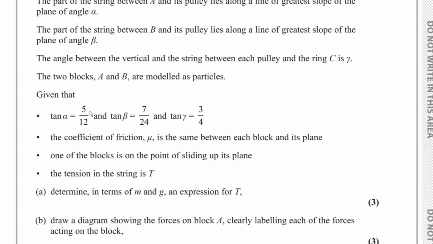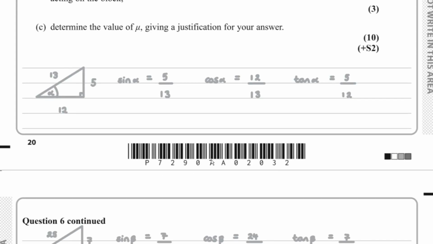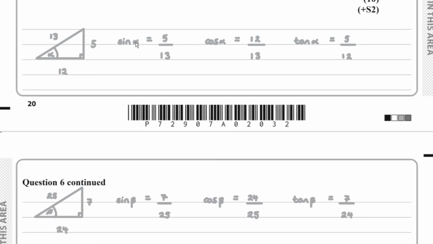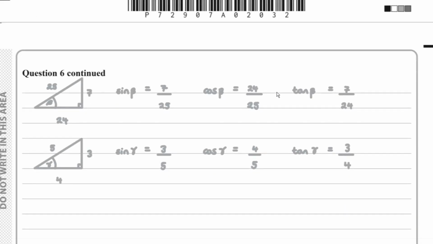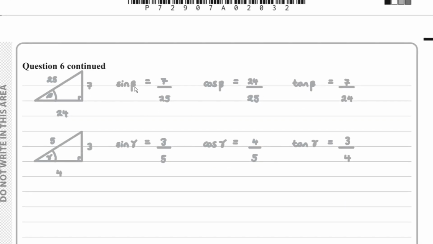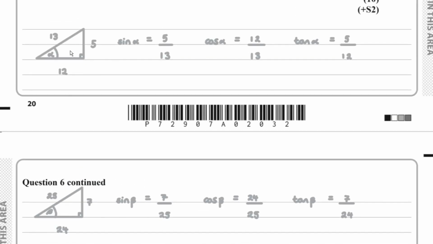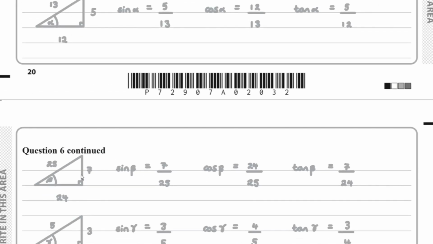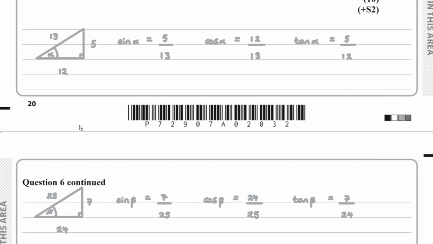If we know that tan alpha is 5 over 12, tan beta is 7 over 24, and tan gamma is 3/4, what we can do is find out what sine alpha, cos alpha and tan alpha are, and similarly sine beta, cos beta, tan beta, and sine gamma, cos gamma and tan gamma. For that I've constructed right-angled triangles as shown.